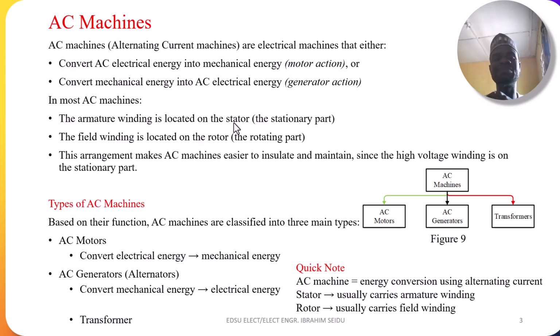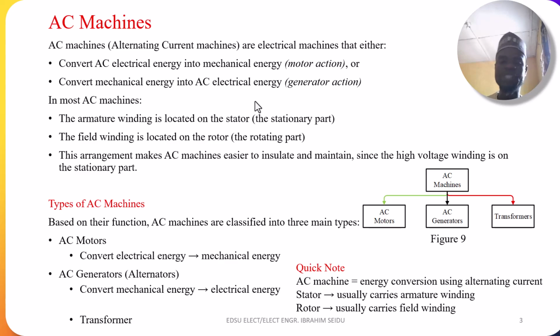This is one key difference between an AC machine and a DC machine. Now, this arrangement makes AC machine easier to insulate and maintain. Since the high voltage winding of an AC machine is located at the stator, it makes the insulation easier, and also maintenance.